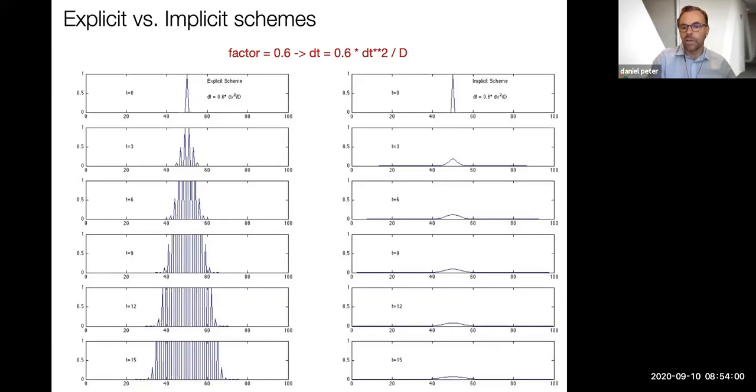Well, the implicit scheme always is fine. So it leads us to the stability of a scheme, the stability of an explicit and of an implicit scheme. Why is one blowing up while the other is not? And that's something we will look into as well.